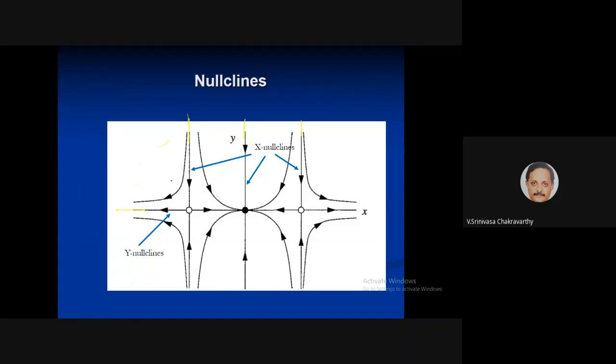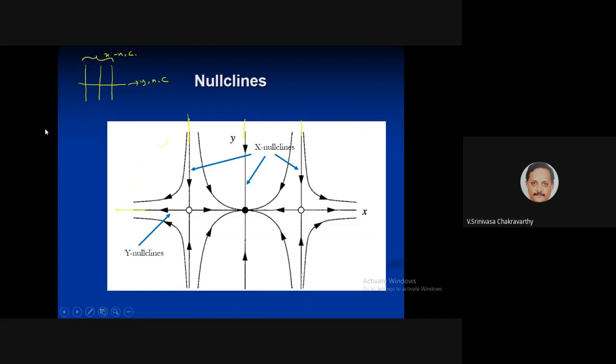What are the fixed points? So basically, it is like this. So this is the y null line. All these three are x null lines.